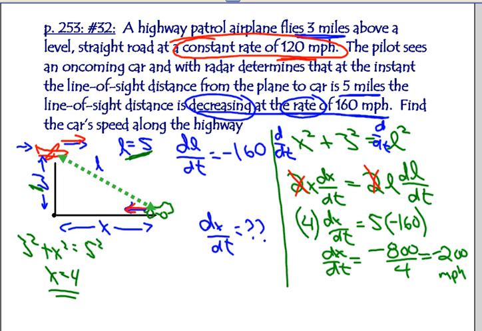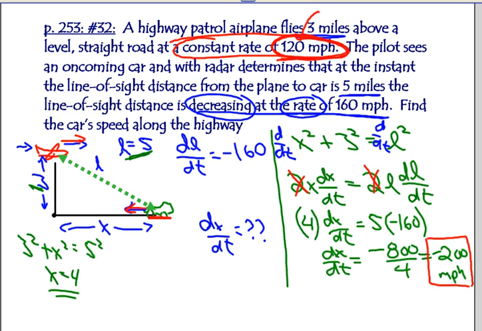And initially, the police officer is really excited. It's like, man, you've got a big-time speeder here going 200 miles per hour. But on closer look at that car, first of all, that car does not look very fast. And then you also consider the fact, oh, wait a minute, the plane is contributing right here, guys, 120 miles per hour of the x getting smaller.